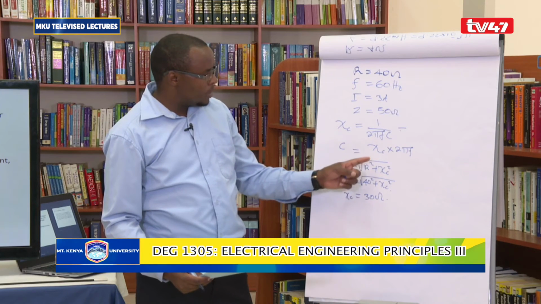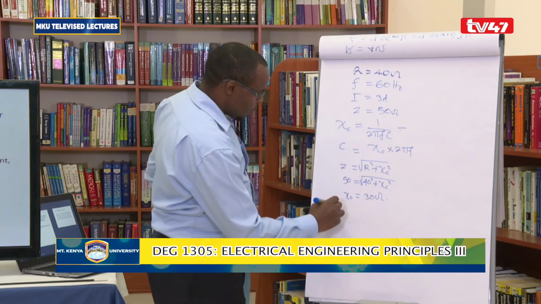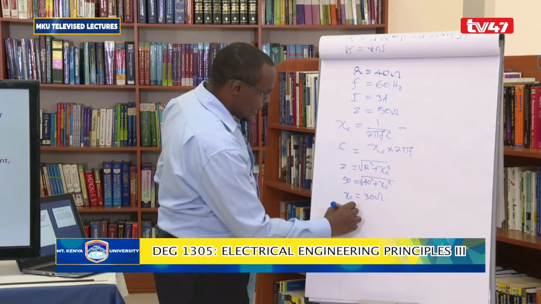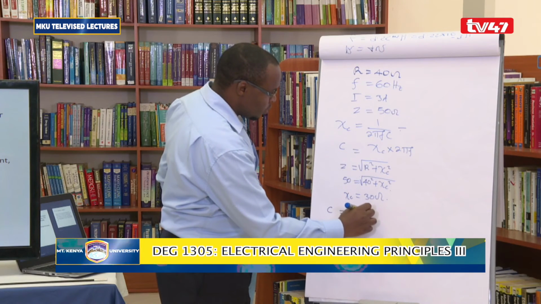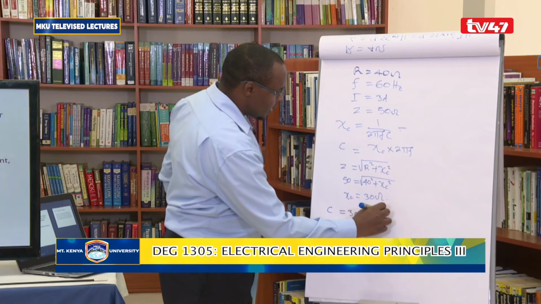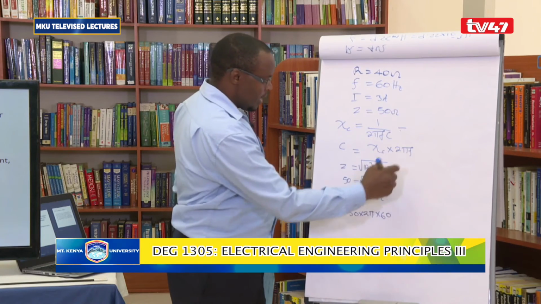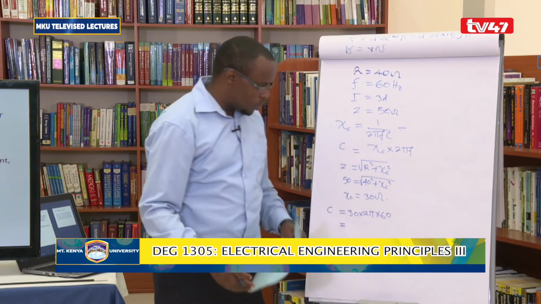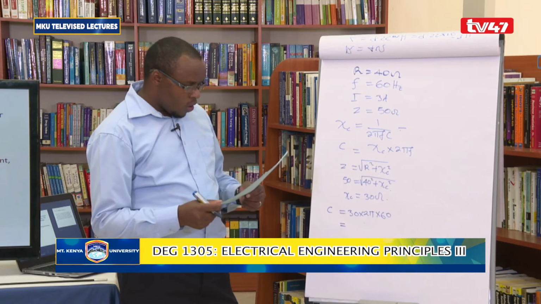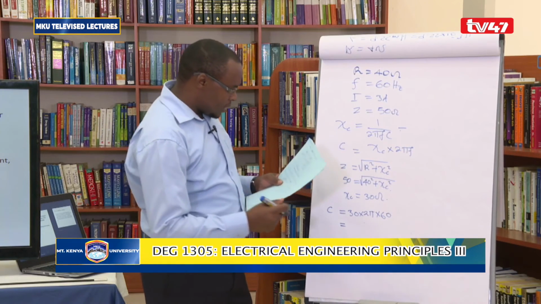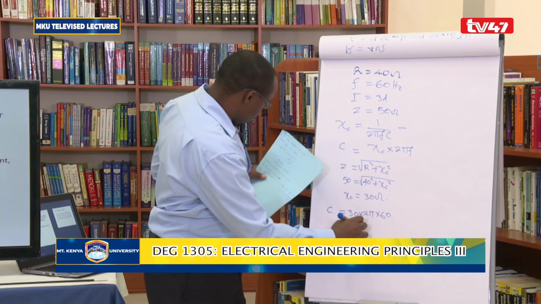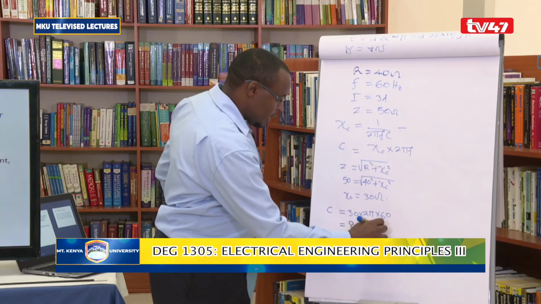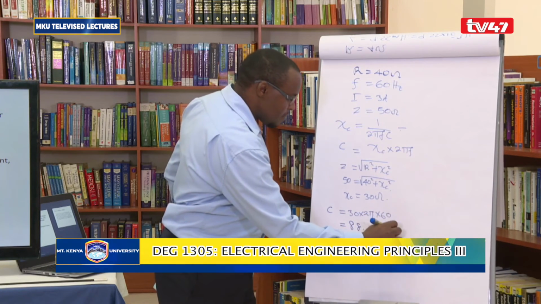So we come and put it here. Therefore, we have got C is going to be given by 1 over 30 times 2 pi times 60, which is our frequency. And the answer which you are going to get there is going to be 88.42 times 10 raised to power negative 6 farads.